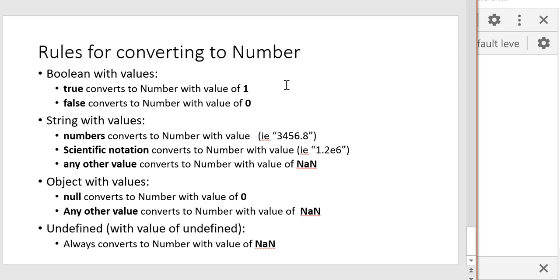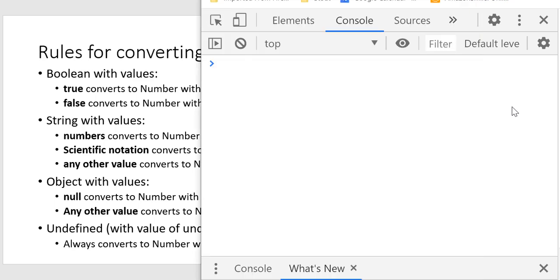So true makes sense to be 1. And false usually means nothing. It's not true, so it also makes sense that that evaluates to a value of 0. And let's just make sure. If we try to get the number of the keyword true, it does indeed return the value 1.